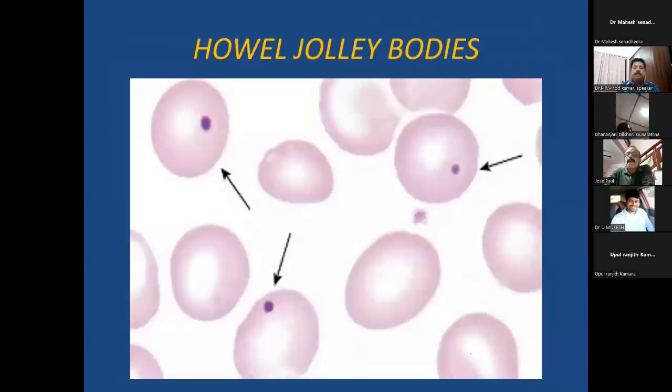Then Howell-Jolly bodies are nuclear remnants. Nuclear remnants are very commonly found in animals with anemia in all species, whether it's a cat or a dog. They are purplish, dark-staining round particles. Sometimes we get confused when we are looking at Howell-Jolly bodies for the first time, because Anaplasma and Babesia gibsoni all look similar.